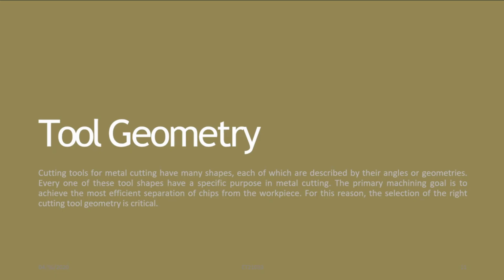For this reason, the selection of the right cutting tool geometry is critical. What does tool geometry mean? Most metal cutters use a single point tool, like in turning and facing processes. So we describe the tool by angles measured on the shank's axis.